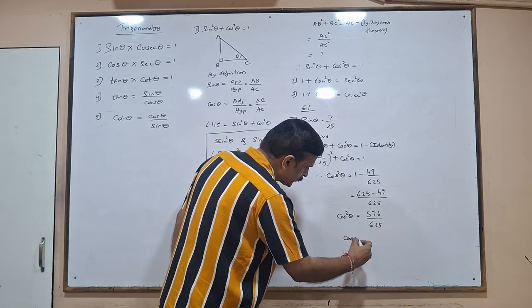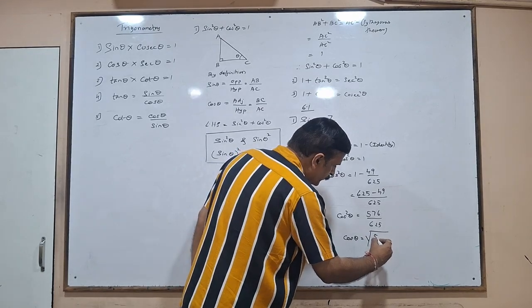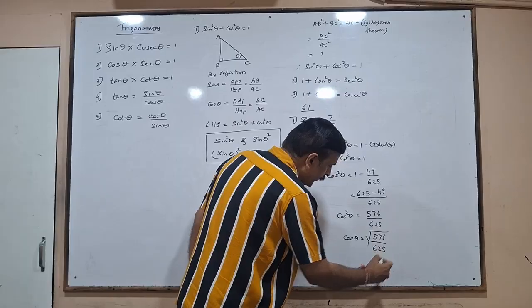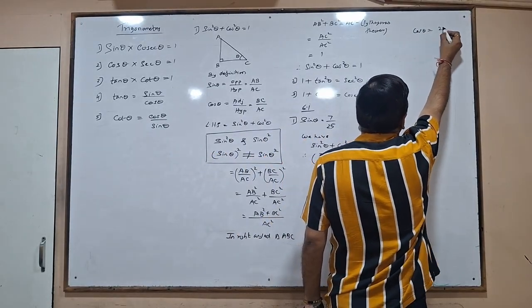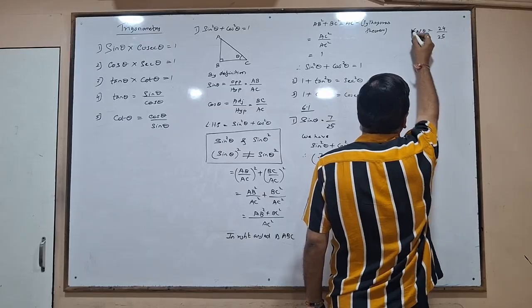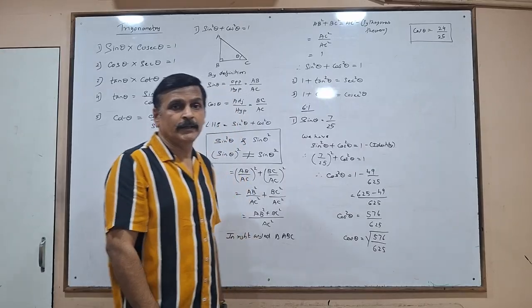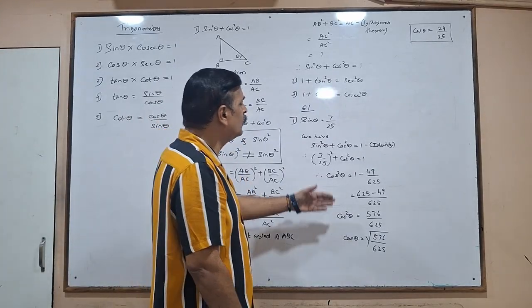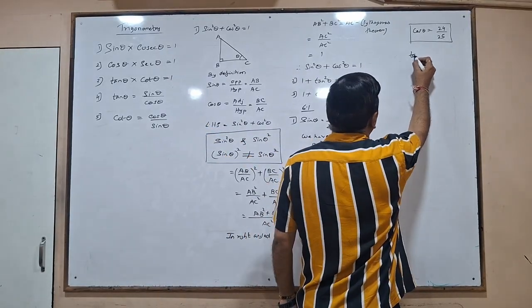So what will be cos theta? It will be square root of 576 upon 625. So cos theta will be 24 upon 25. So we got cos theta by using the identity. Now we want tan as per the question. What is tan theta?